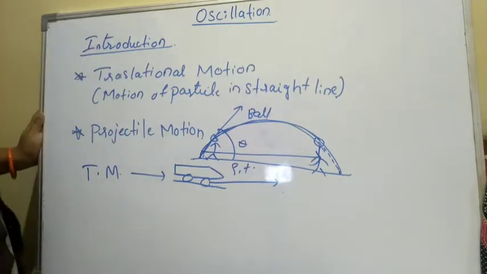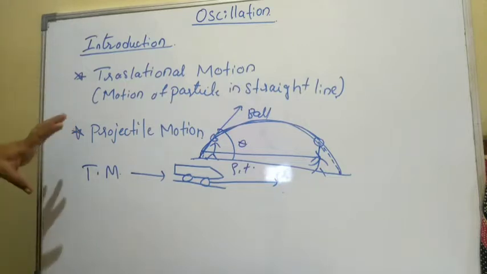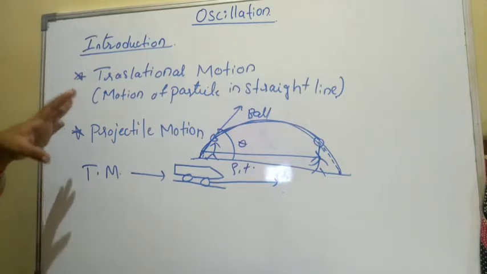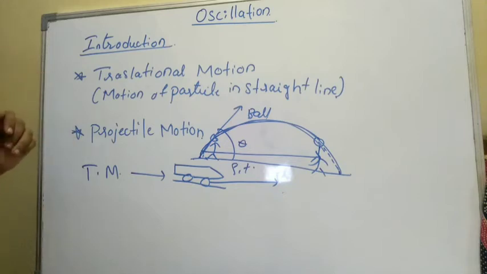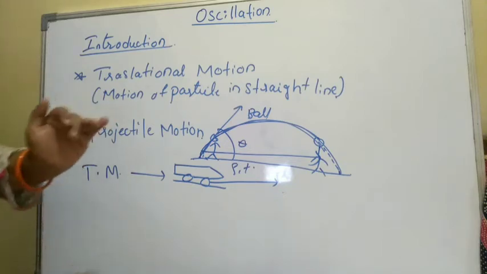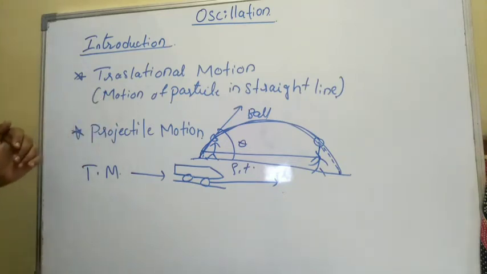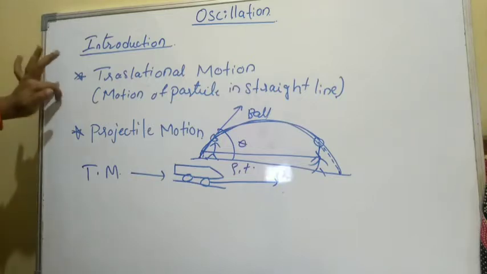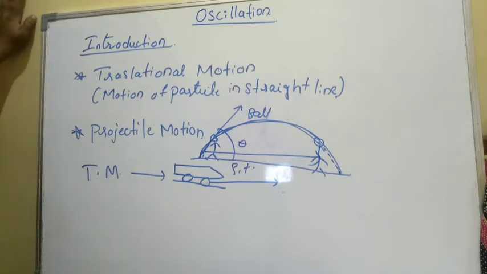The ball shows motion not in a straight line but by making an angle, which is said to be projectile motion. These are the basic concepts, the very important motions of a particle on a path: one is translational motion and the other is projectile motion.